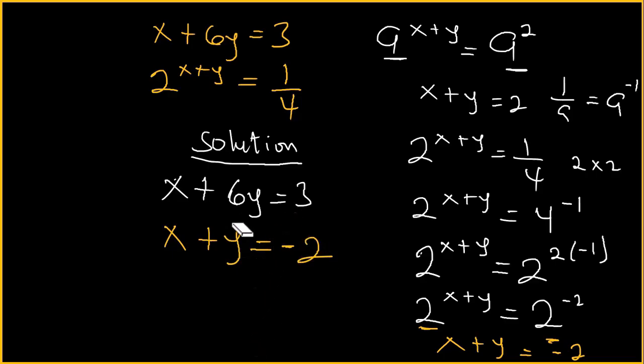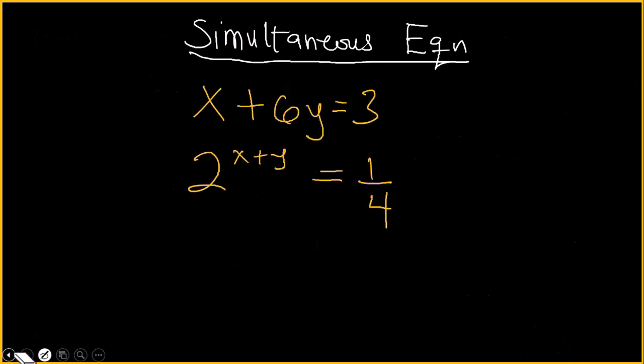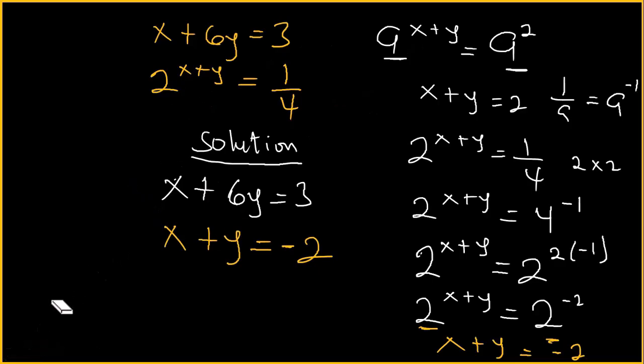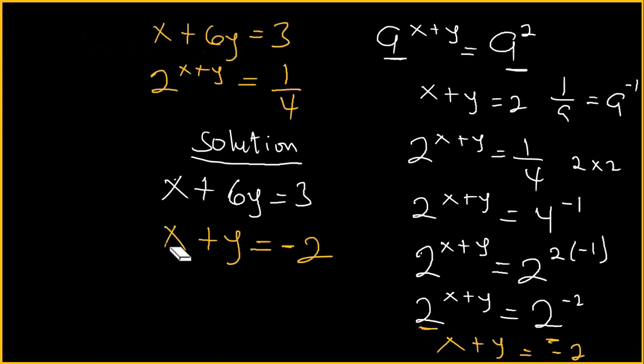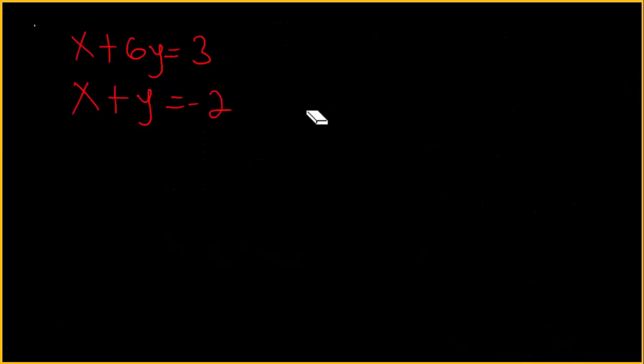Now we move on to solve. So with simultaneous equations, we have three ways or kinds of doing this. These two equations, x plus 6y equals 3 and x plus y equals -2, can be solved in three ways.